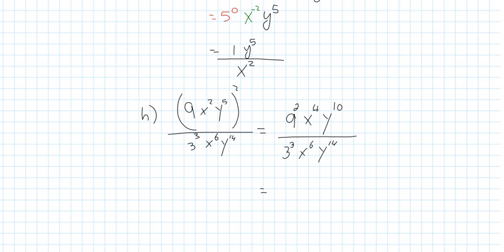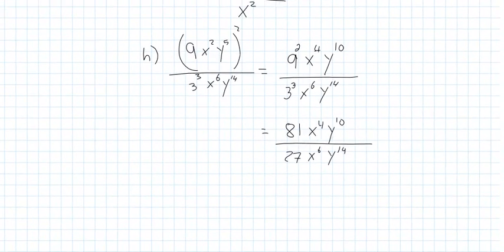So that's going to be 81, x to the power of 4, y to the power of 10, over 27, x to the power of 6, y to the power of 14. Okay, that's a good way to do it.